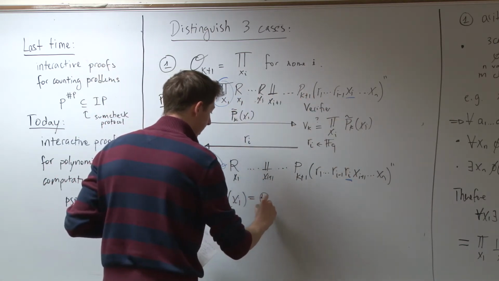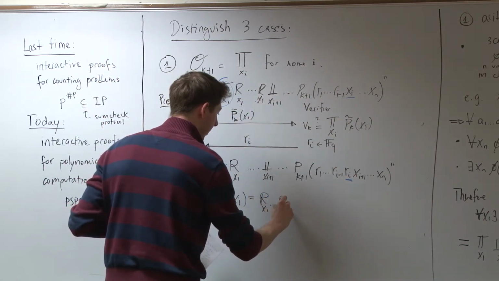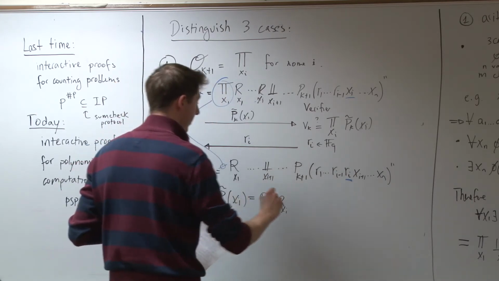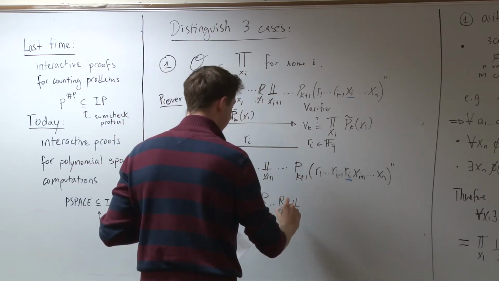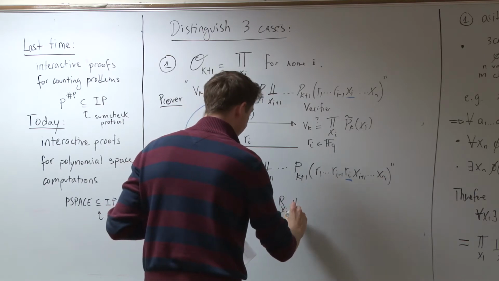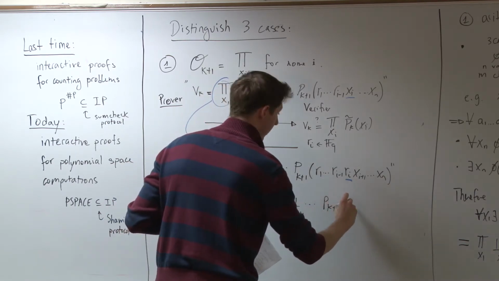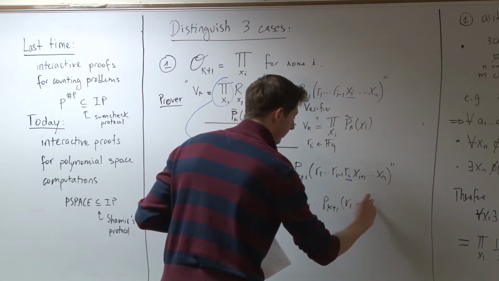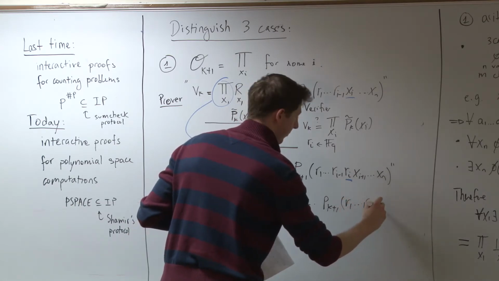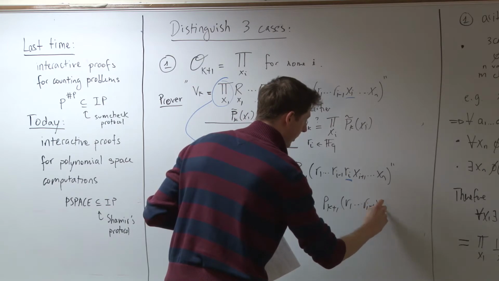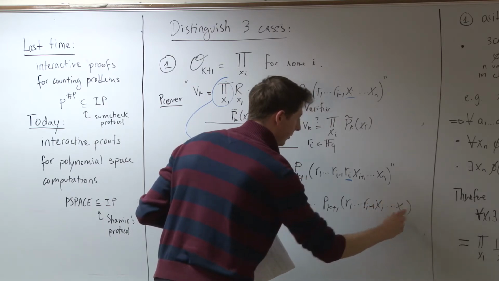So it's R x1 up to R xi, okay? Product xi plus 1, I continue up to pk plus 1, and I just write all that stuff. Xi and then up to xn, okay?